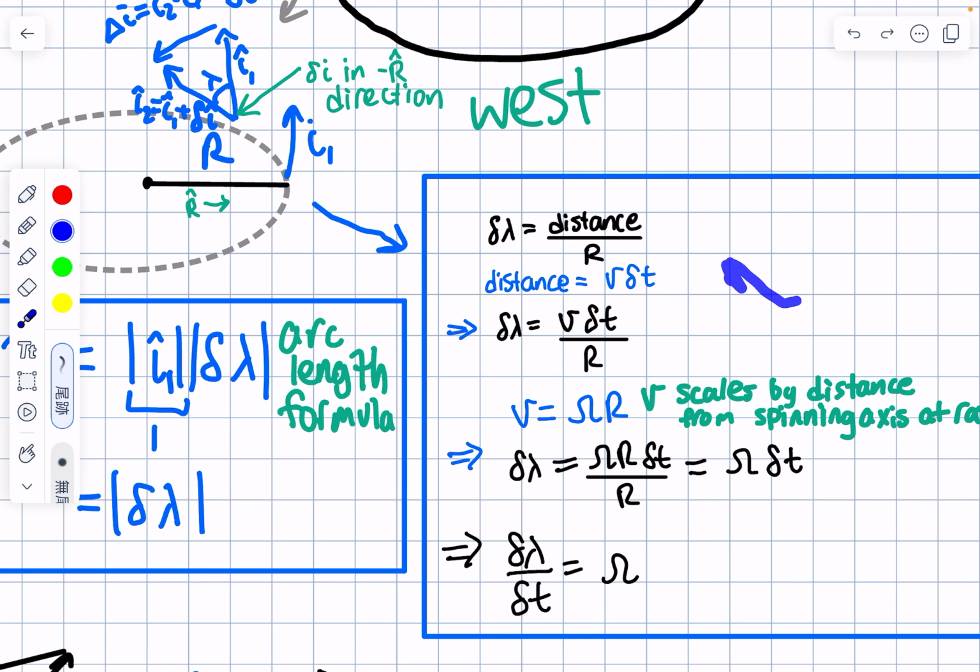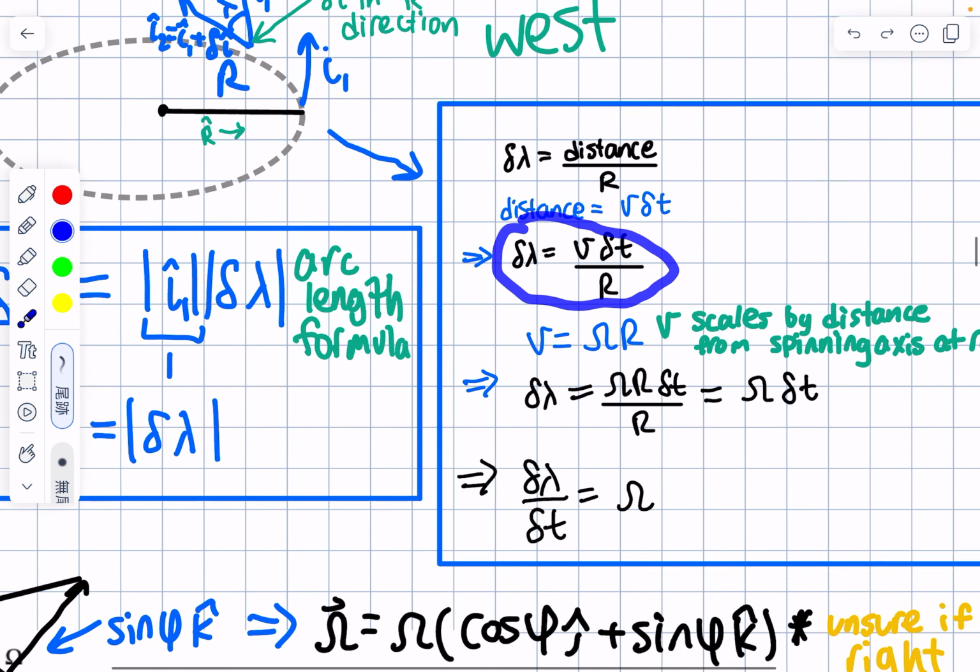So we can multiply that over and get that distance equals v delta t. Now we can plug that in here, and we get delta lambda equals v delta t over R.